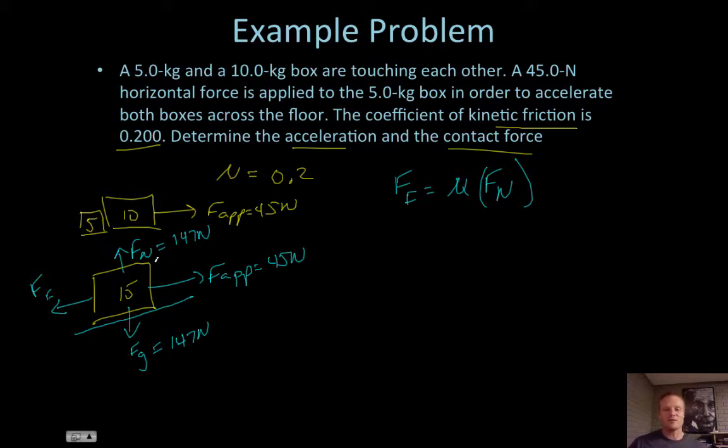Well, in most problems, you will probably be dealing with some form of friction, and so you will need to calculate the normal force. So anyway, let's put some stuff in here. Mu is 0.2. The normal force is 147 newtons. If you take 0.2 times 147 newtons, I get a force of friction of 29.4 newtons.